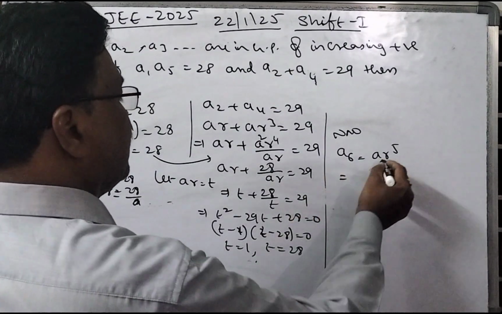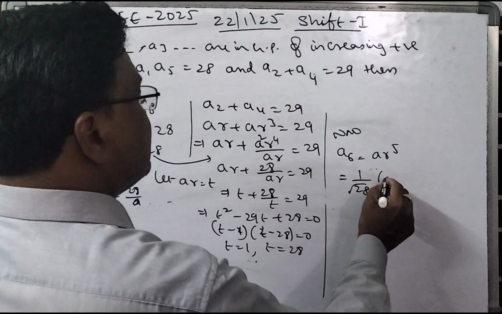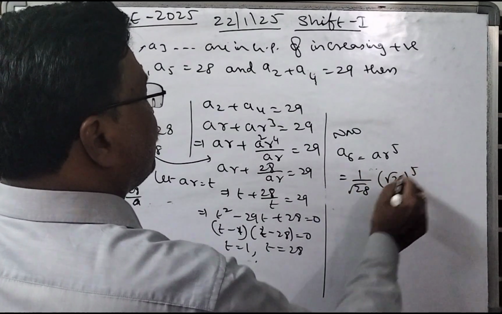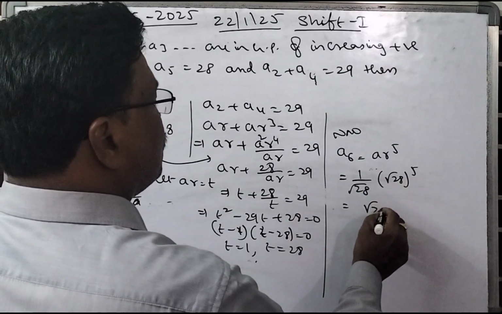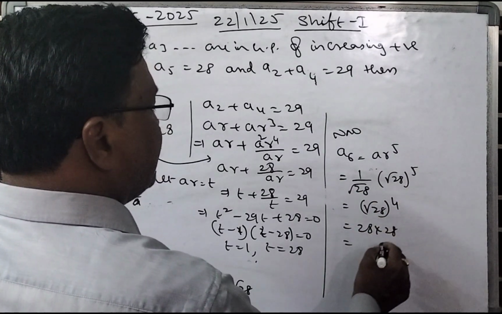Let us substitute here. a is 1 by root 28 into r power 5 is root 28 whole power 5, which is nothing but root 28 whole power 4, which is nothing but 28 into 28.